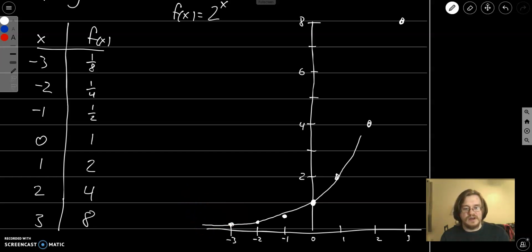And if we graph all of these points, if I can hit them all, we have an exponential graph. And this graph, this growth, where we end up doubling every time that we move over, this is what's called exponential growth.